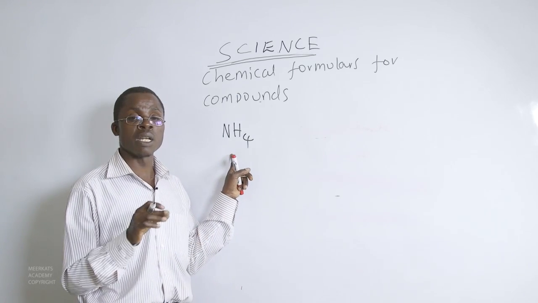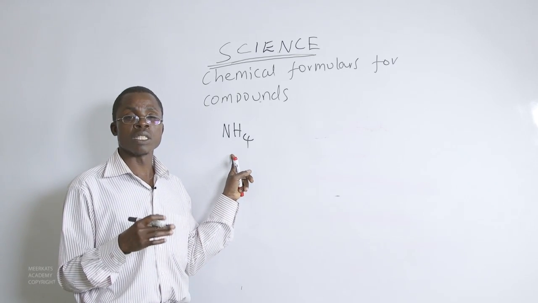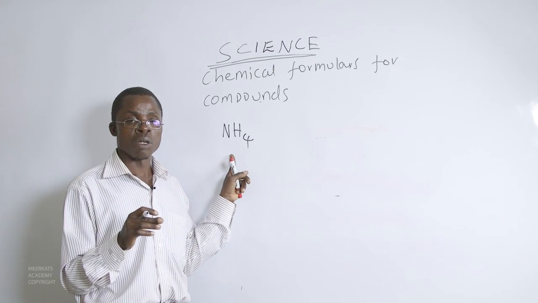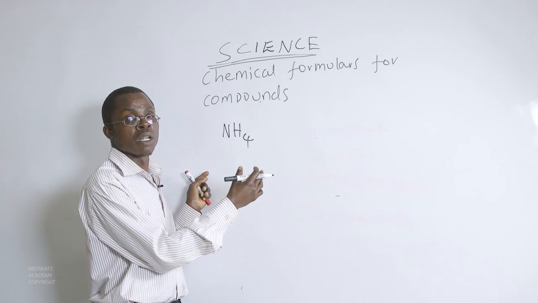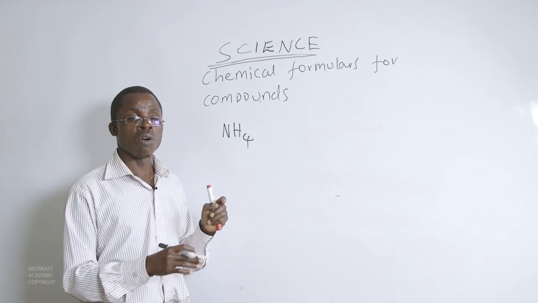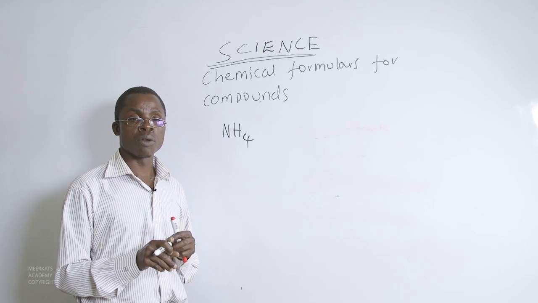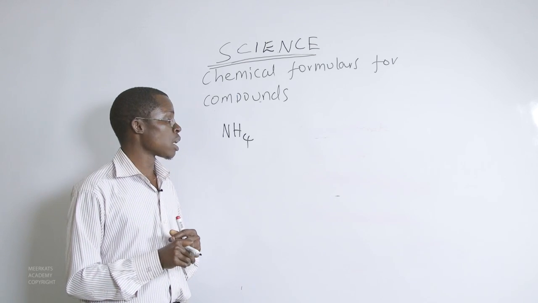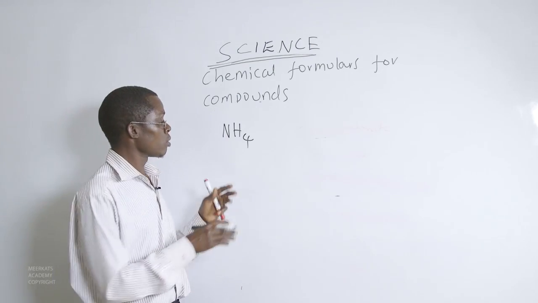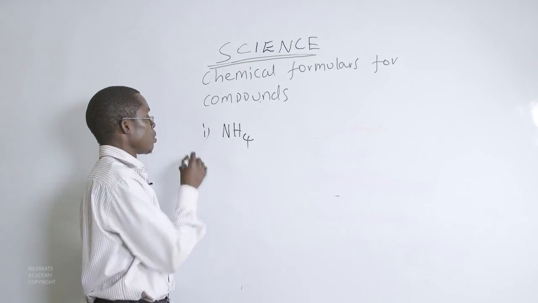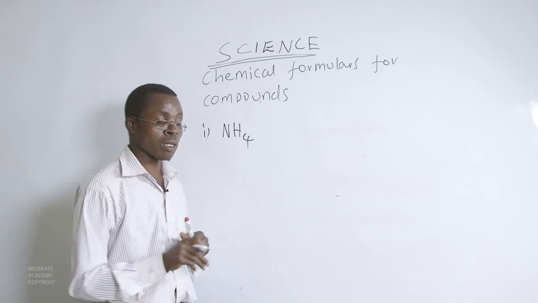It behaves like metallic elements whenever it is involved in a chemical reaction. And like all the other radicals that we have seen, all of those will be behaving like nonmetals whenever they are involved in a chemical reaction. So we are going to use ammonium as also one of the examples in this case. First, let's start with it.